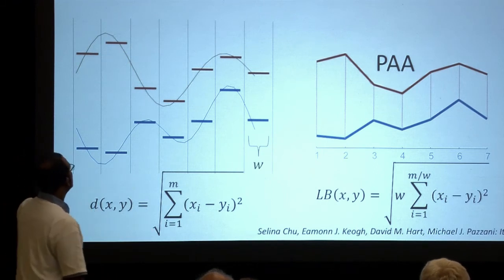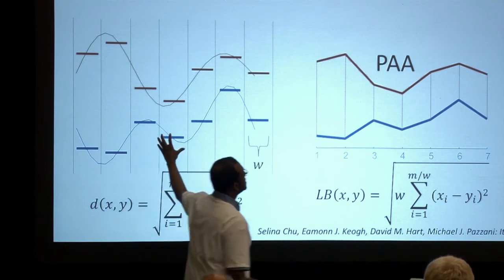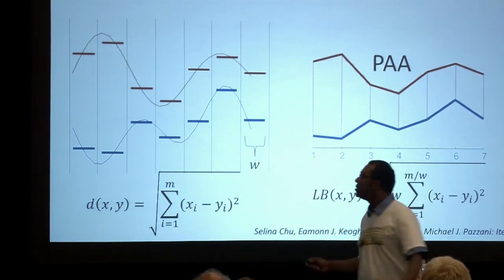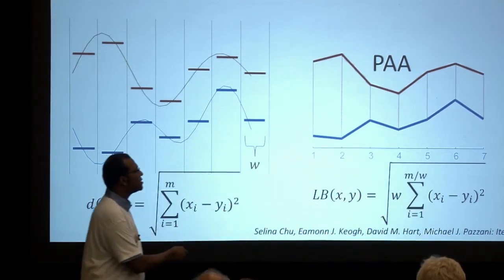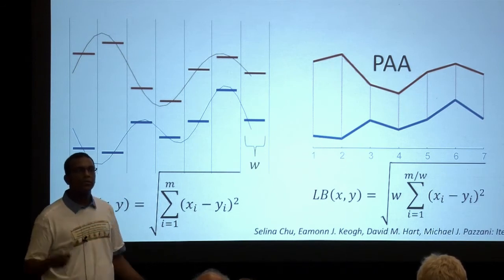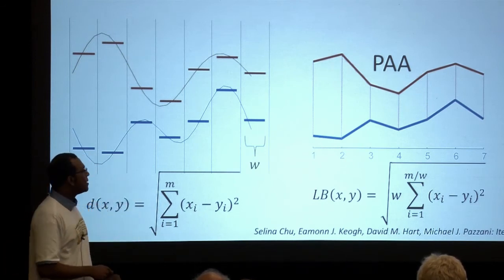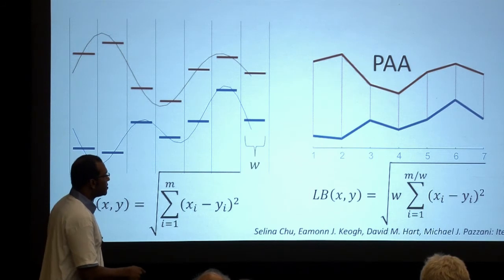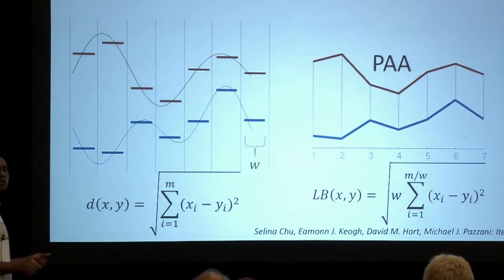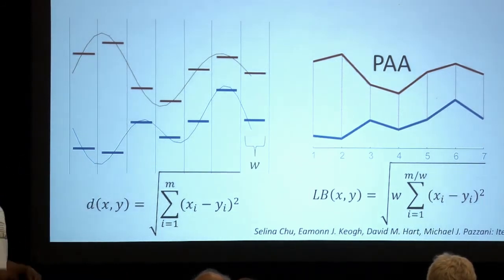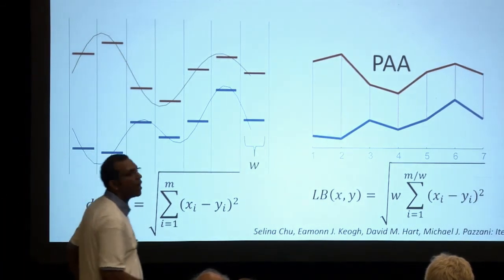If you reduce your dimensionality, you gain speed because you are summing only m over w numbers, and you multiply by the square root of w. You don't get the original distance, you get a lower bound. But how does it help?